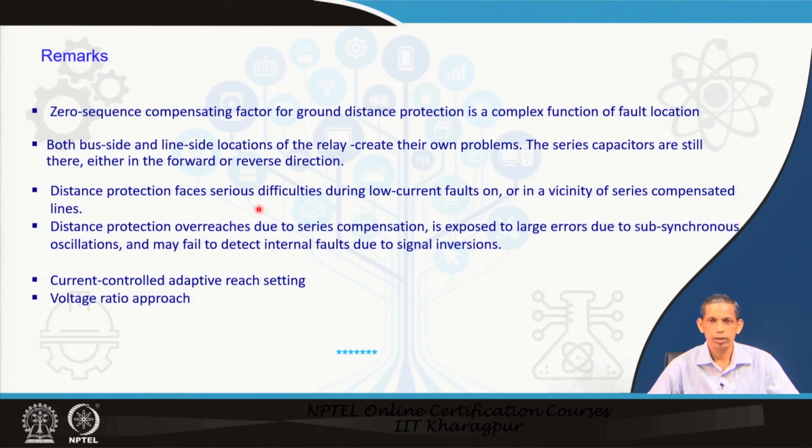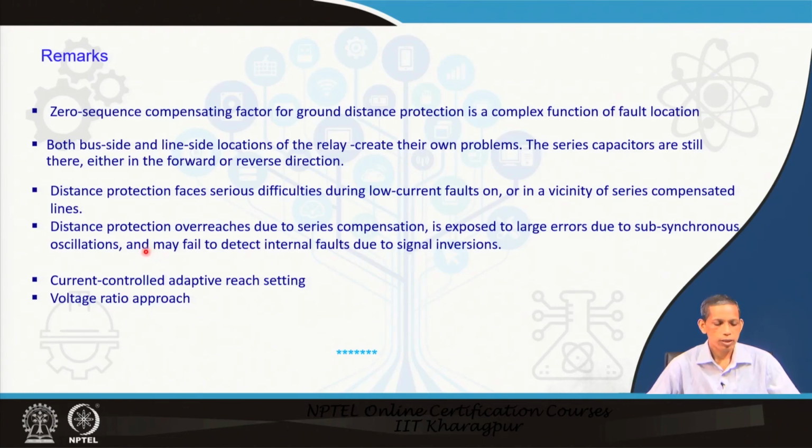If the fault is close to the series compensation, voltage inversion and current inversion may create problems, and even the apparent impedance may be observed in the fourth quadrant. Distance protection overreaches due to the series compensation, and subsynchronous oscillations during the first few cycles also create problems.